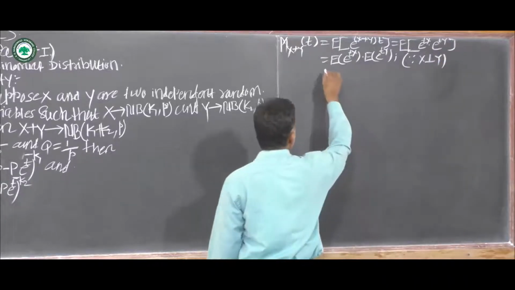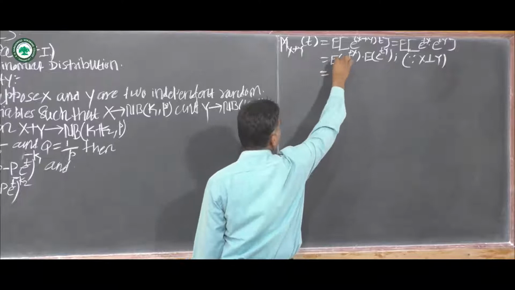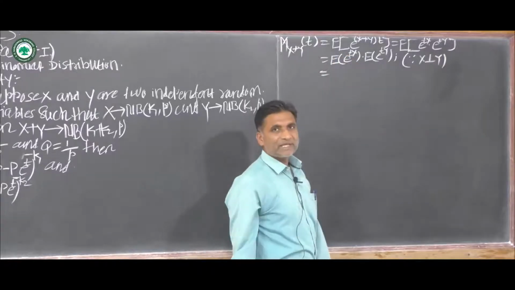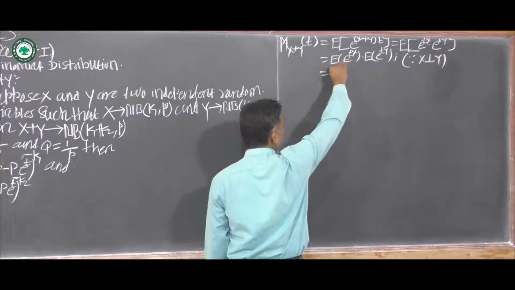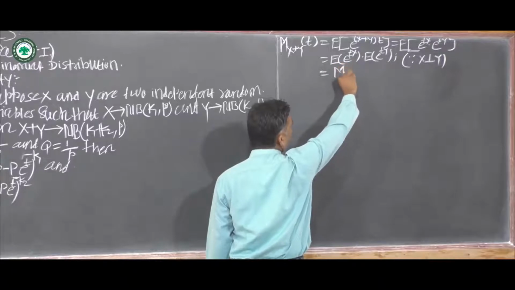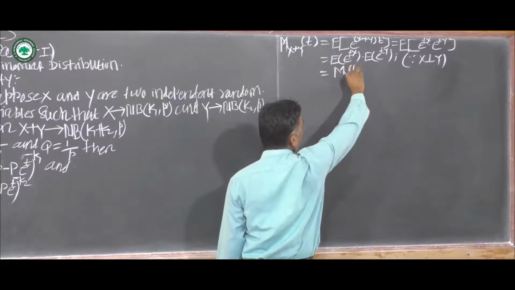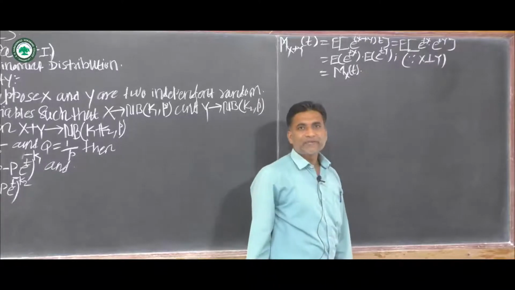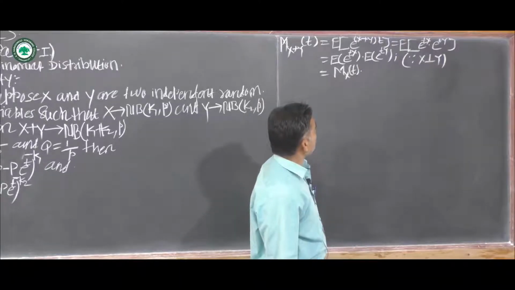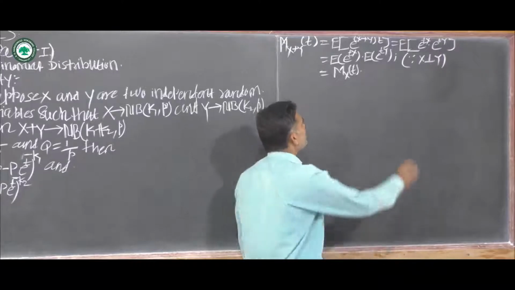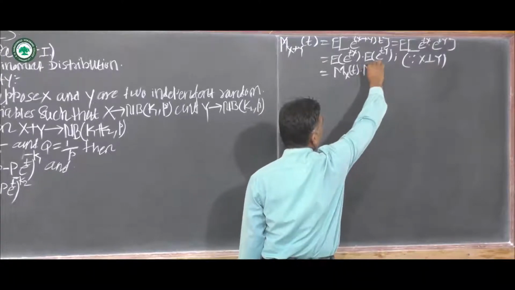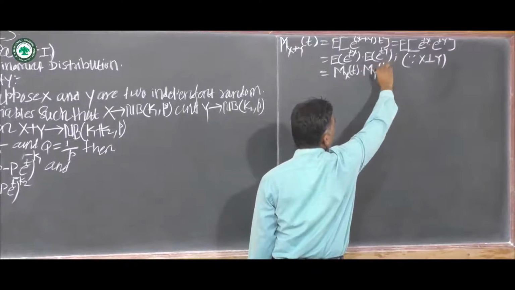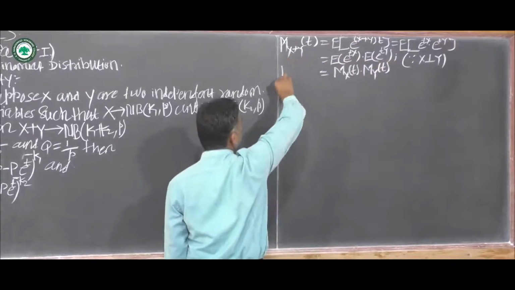The expectation of e^(tX) is the mgf of random variable X, that is Mx(t), and the expected value of e^(tY) is the mgf of random variable Y, that is My(t).